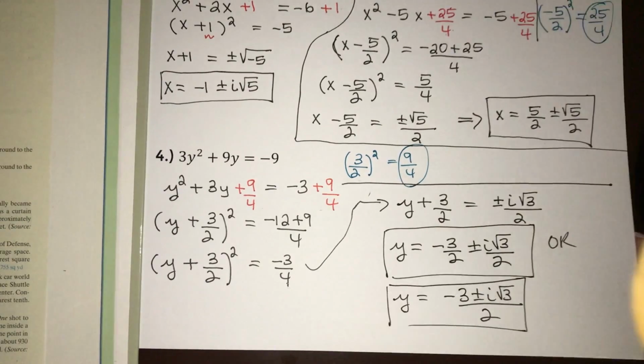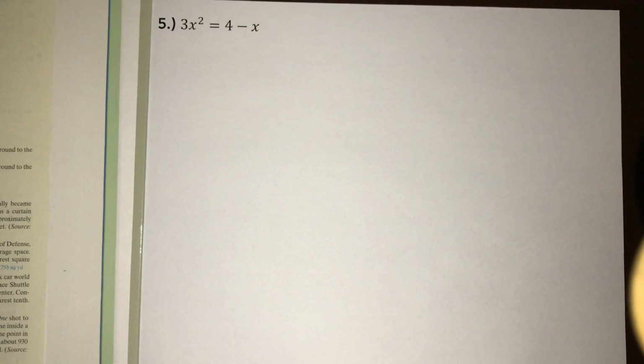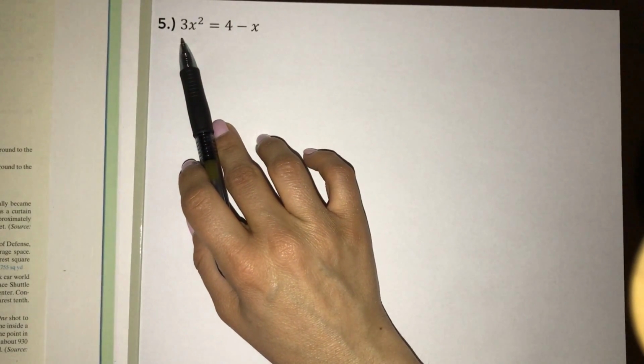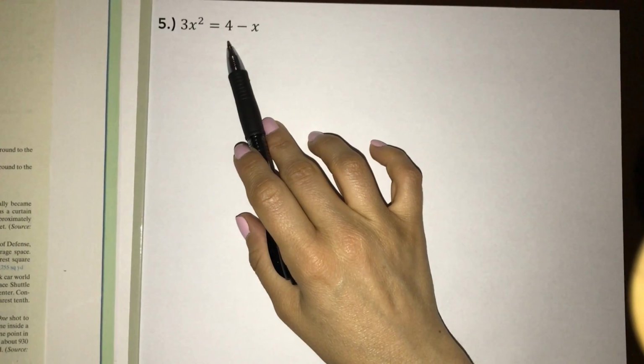Last example. Okay, so this also does not have a coefficient of 1, so we have to divide by 3. We also have to rewrite the equation because the constant term, which is just the number, is not isolated.